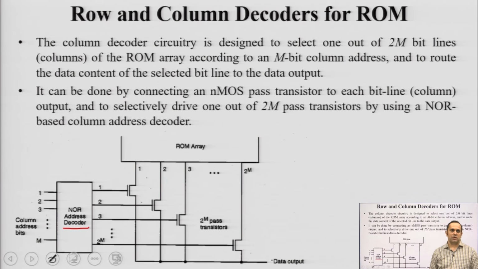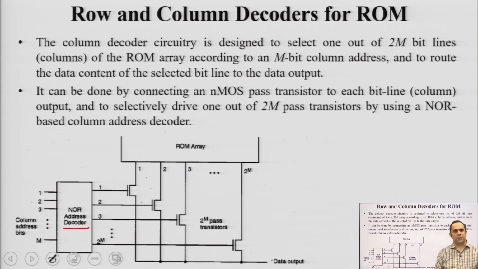So, you use a decoder for an m bit address, this is about the column, not the row. For an m bit column address, you generate 2 to the power m bit lines. Every bit line is connected to a pass transistor, which is an NMOS pass transistor.